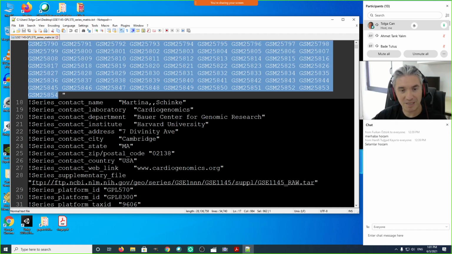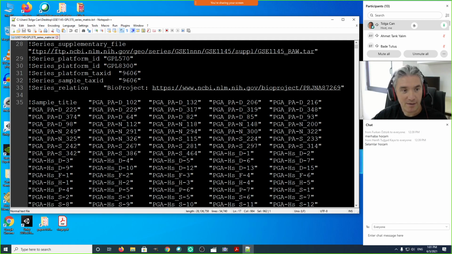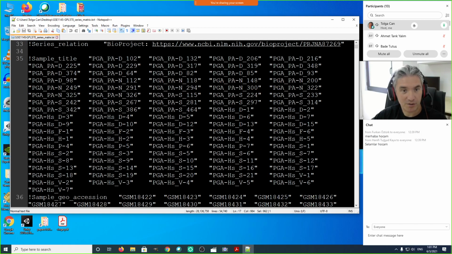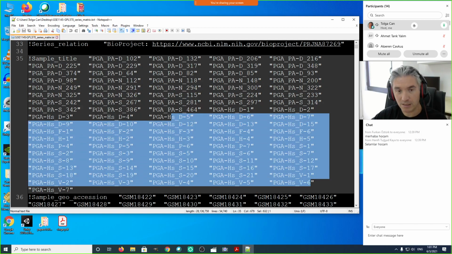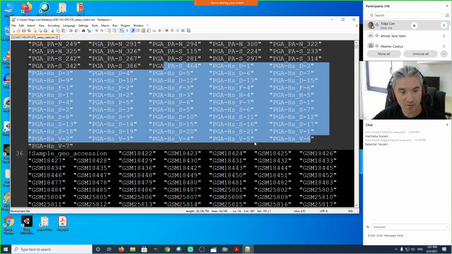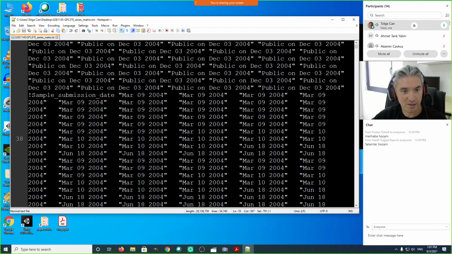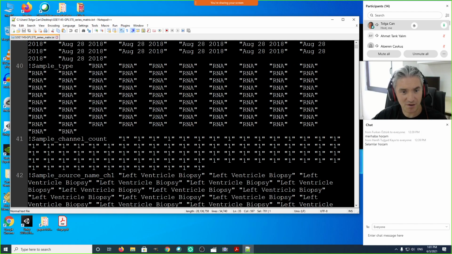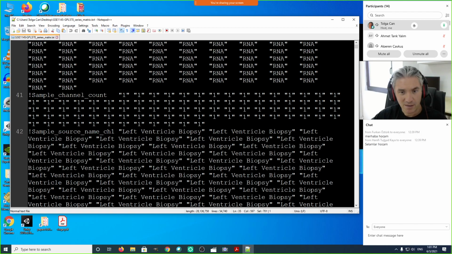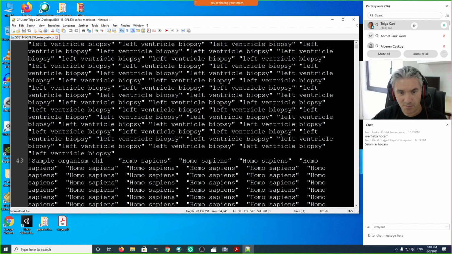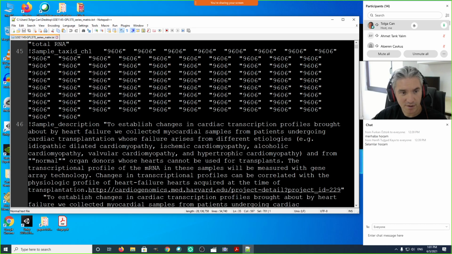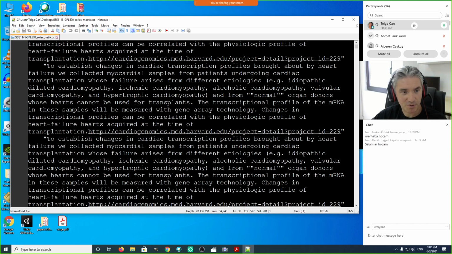So there are some details about who conducted these experiments, in which laboratory, where, and then the sample also has certain titles, maybe for identifying which patients it is coming from. These are sample accession IDs. So these are some metadata we have here. And all of them are left ventricle biopsy, total RNA, again, sample description is the same.